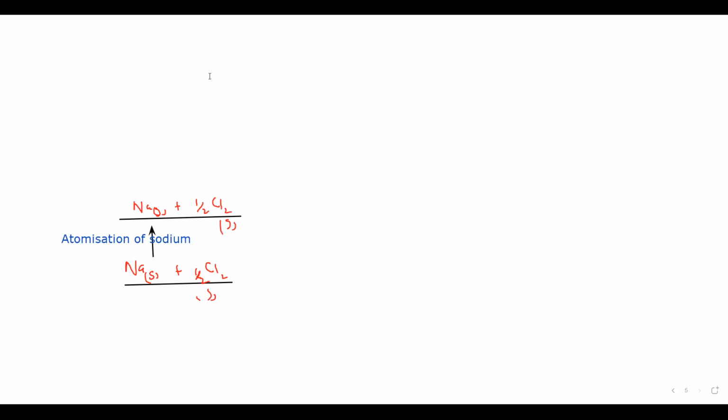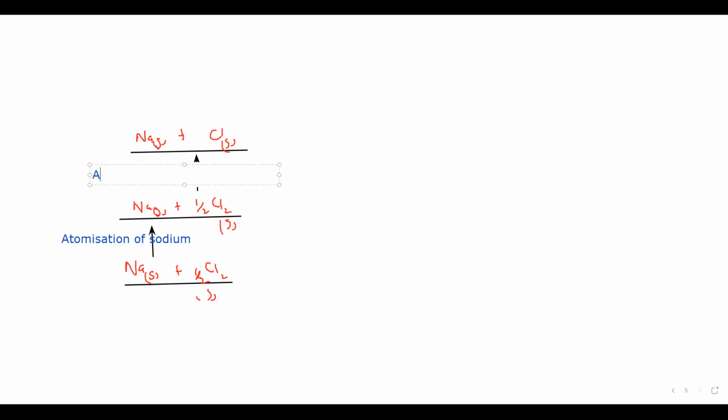Then in the second step, we atomize chlorine as well. The term atomize means we produce atoms in the gaseous state. So we atomize chlorine. Overall, sodium does not change, it stays in the gas state, but now chlorine is also in a gaseous state. So what do we call this change?